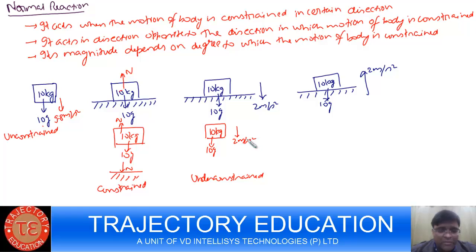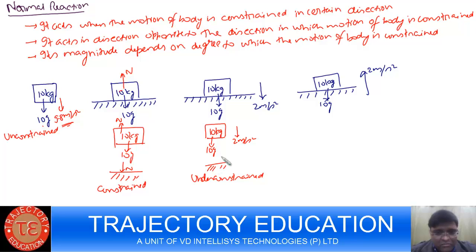But right now it is going with 2 meter per second square. It means that the motion of the body is constrained in downward direction. It means it's still constrained, but not as constrained as this body. It is less constrained. So I call it under constrained.